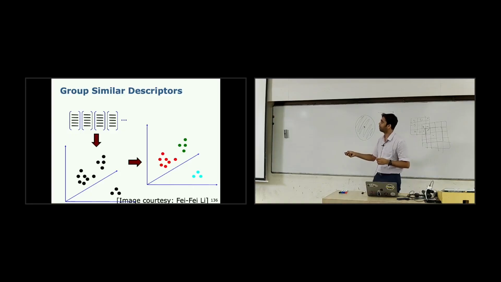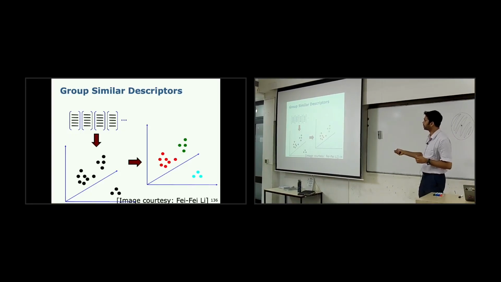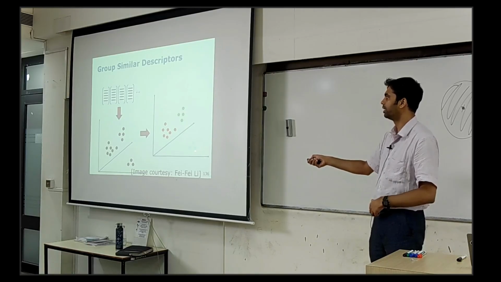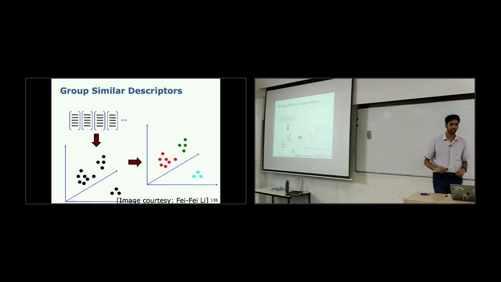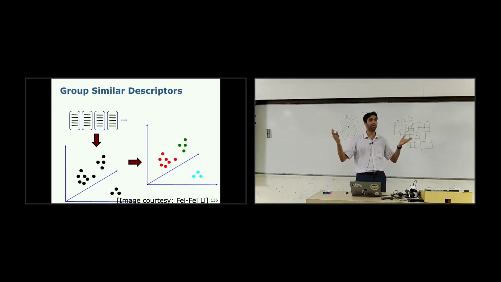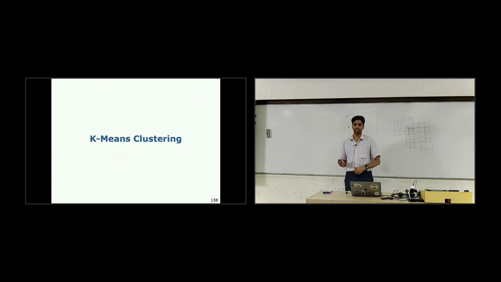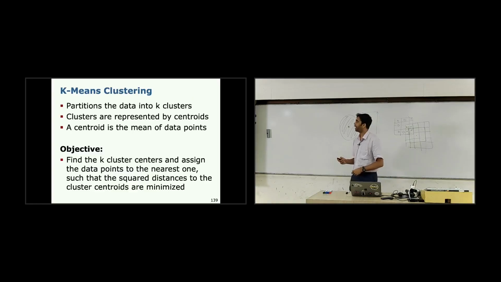So you can end up saying all these belong to the red word, all these belong to the green word, all these belong to the cyan word or something like this, right? So you can cluster, and this way you can bring down the dimensionality of your words. So once we have the features, you do the clustering, and we do this using something called k-means clustering. Essentially, you want to partition your data into k clusters.